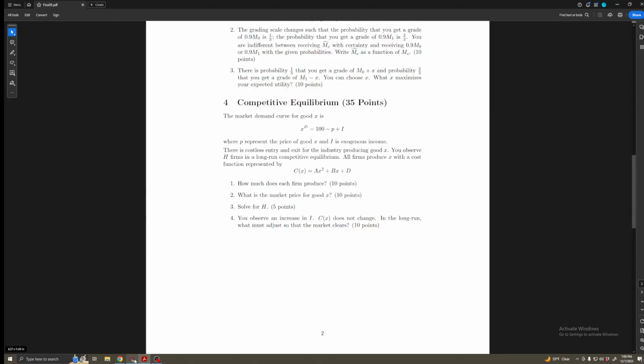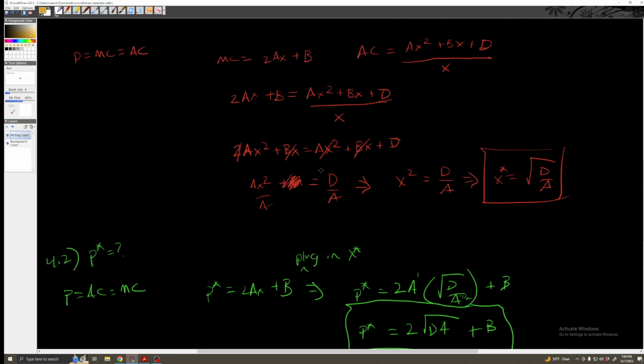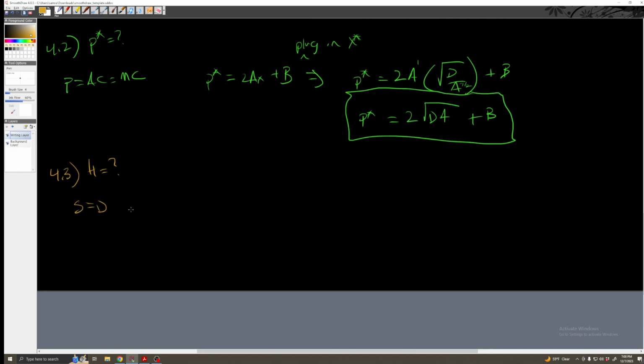Solve for H. How many firms are in the market? Let's go back over here. 4.3, we're trying to figure out what H is. What does H equal? Well, in the perfectly competitive market in equilibrium, supply is equal to demand. We know the demand function from up here, 100 plus P minus I. And what's the total supply?